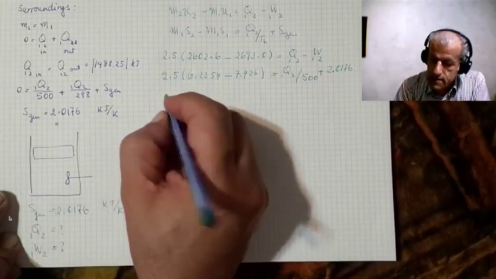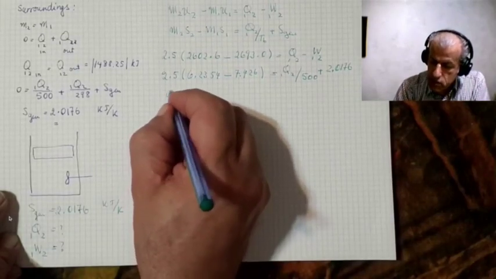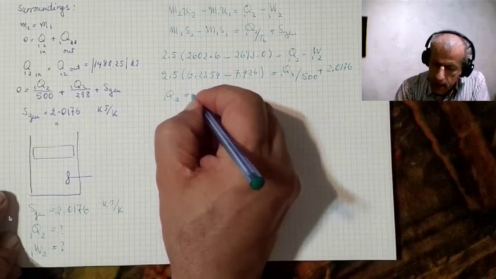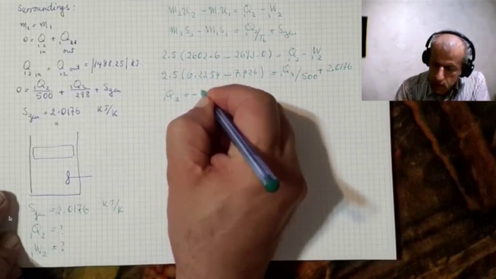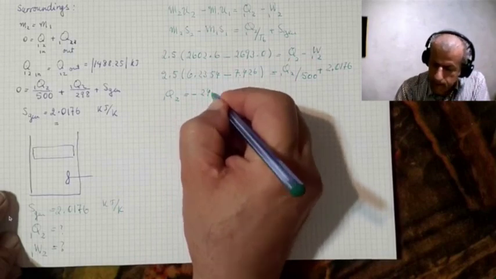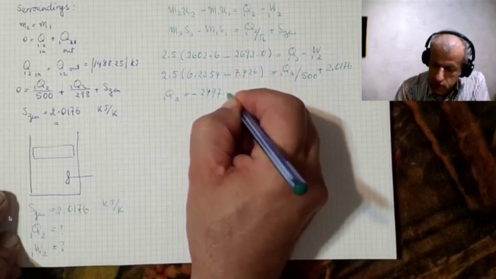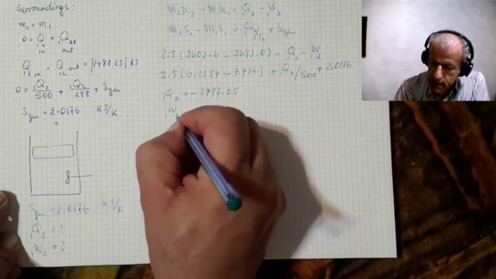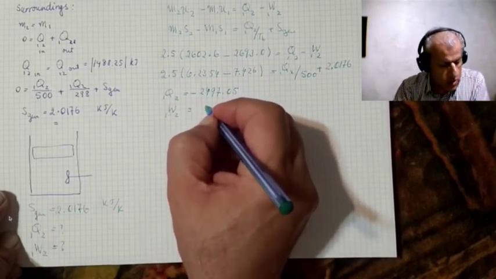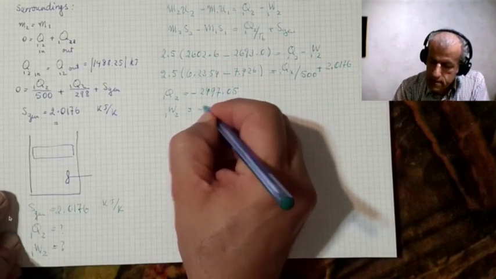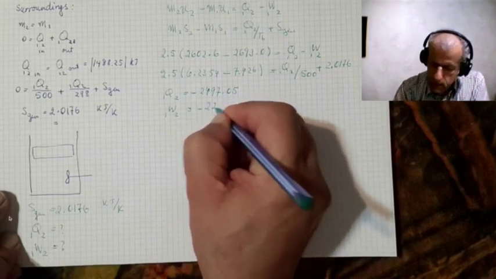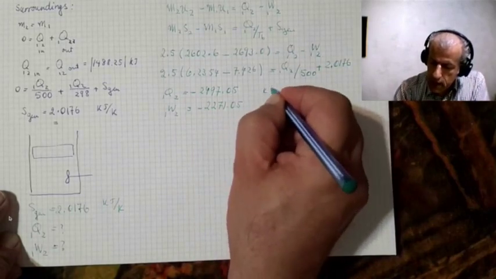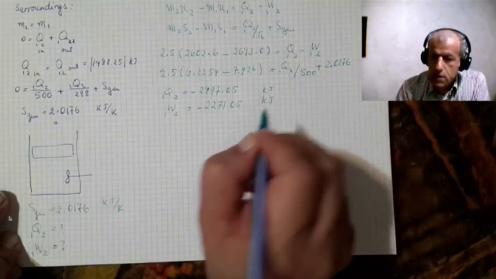And we get two answers, one for Q12, which would be minus 2497.05, and the other for W12, which is minus 2271.05, and both are in kilojoules.